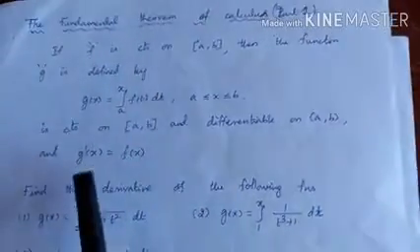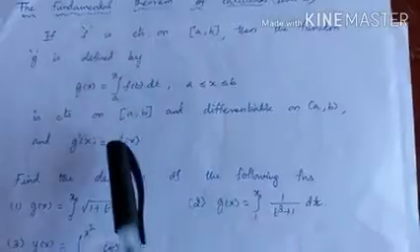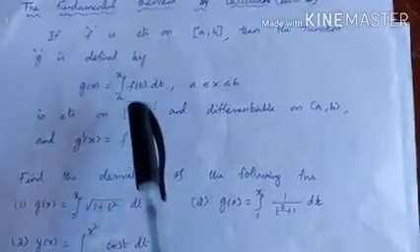So once g of x is given, defined like this, then this theorem can be used. g dash of x equal to f of x. So f of t, and when t is replaced by x, you will get f of x.